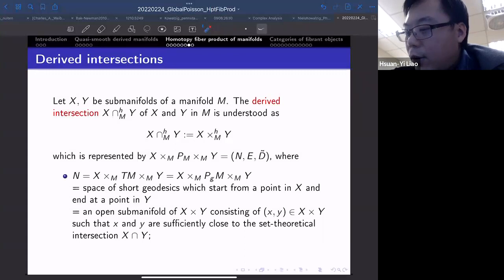According to my construction, this is a vector bundle together with a section.